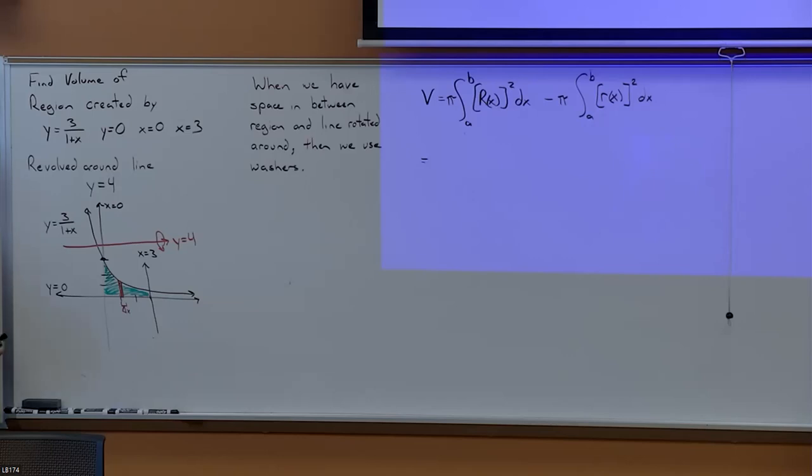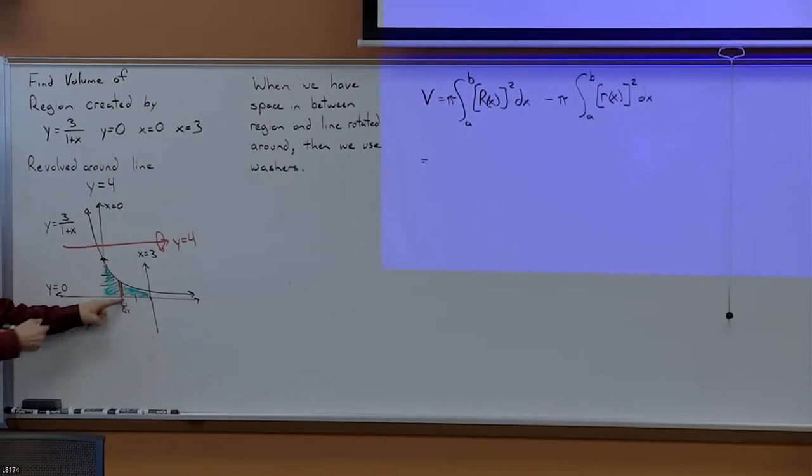Now here's the tricky part. Remember, your radius always goes from the outside edge of the rectangle to the line you're rotating around. The outside edge this time is y equals 0.